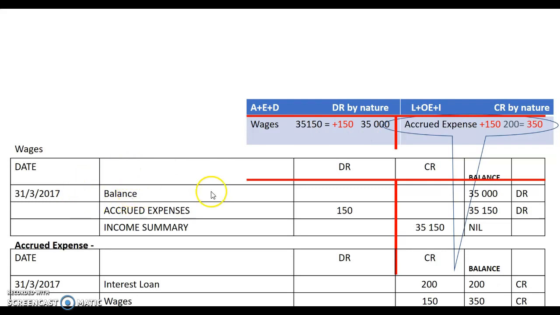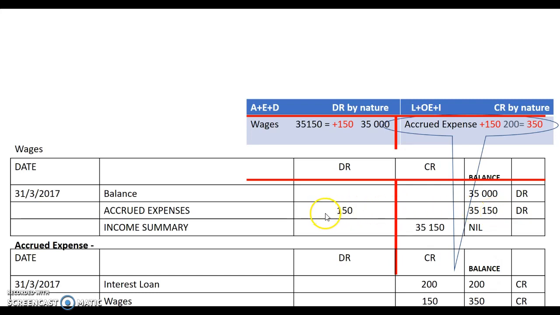So the balance was 35,000 and it's debits because it's sitting there on the debit side. I then added on 150 more to get it right. 150 more debits gets added on, and I'm reading my story across like that. So 150 debits is now sitting in that account.